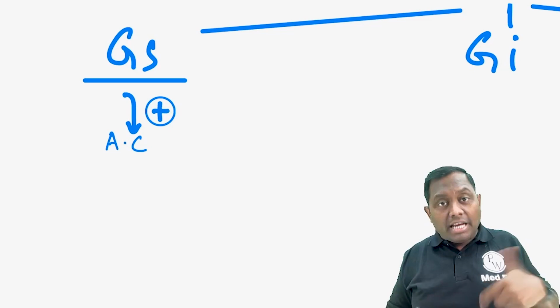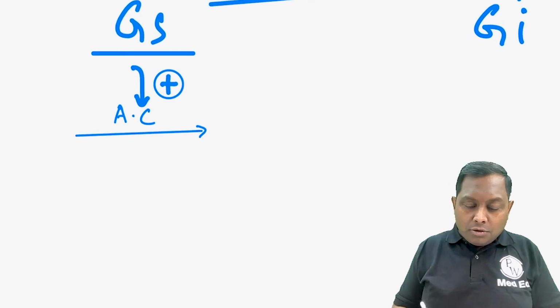So all those that work through activation of adenylate cyclase are GS ones. This causes breakdown of ATP to cyclic AMP.